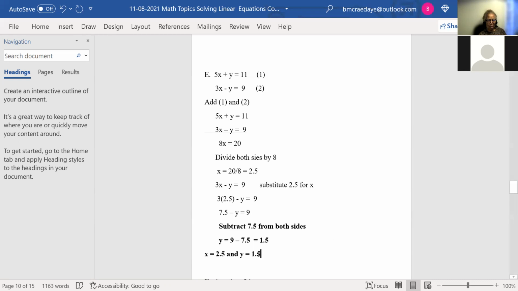How could we check that this answer is right? I don't know. 2.5 and what is that?